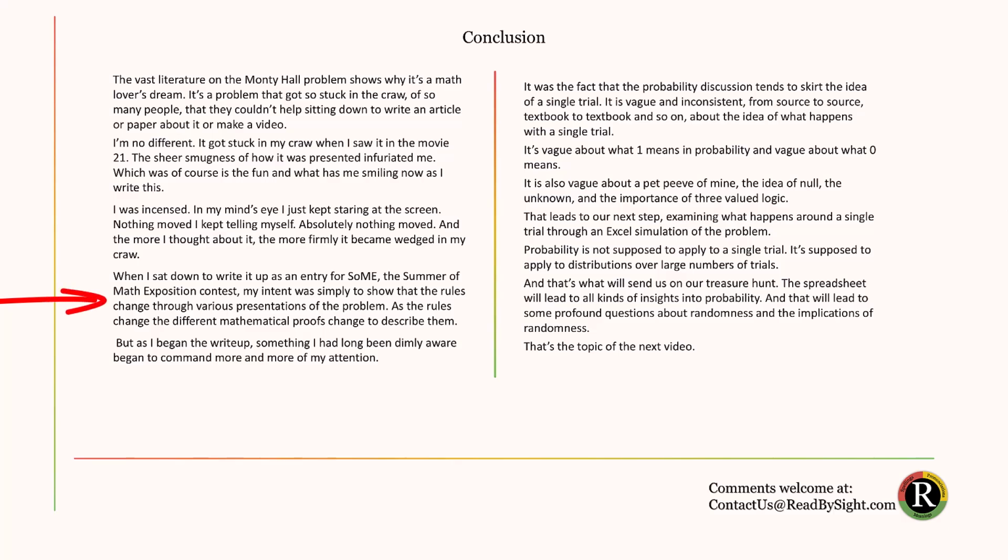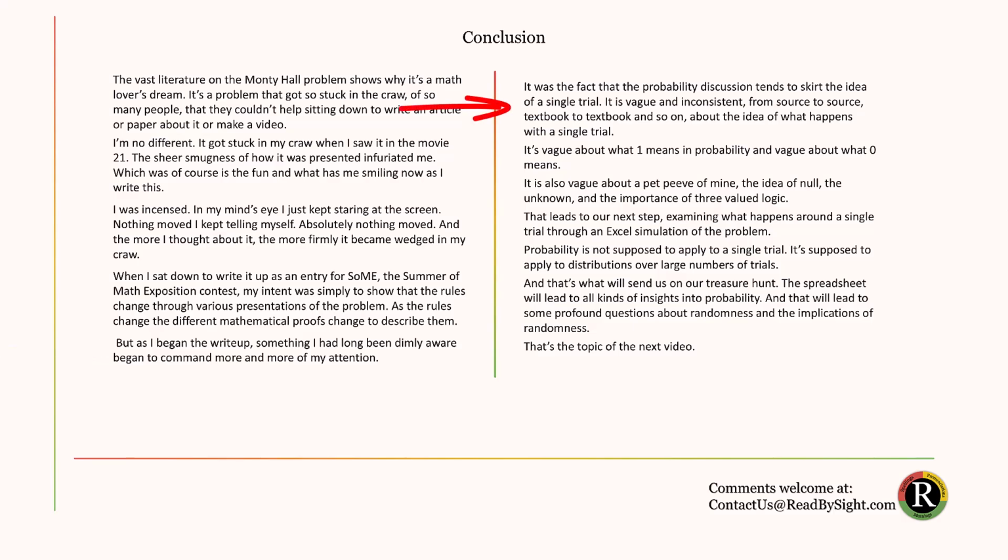When I sat down to write this up as an entry for the Summer of Math Exposition Contest, my intent was simply to show that the rules change through various presentations of the problem. As the rules change, the different mathematical proofs change to describe them. But as I began the write-up, something I had long been dimly aware of began to command more and more of my attention.